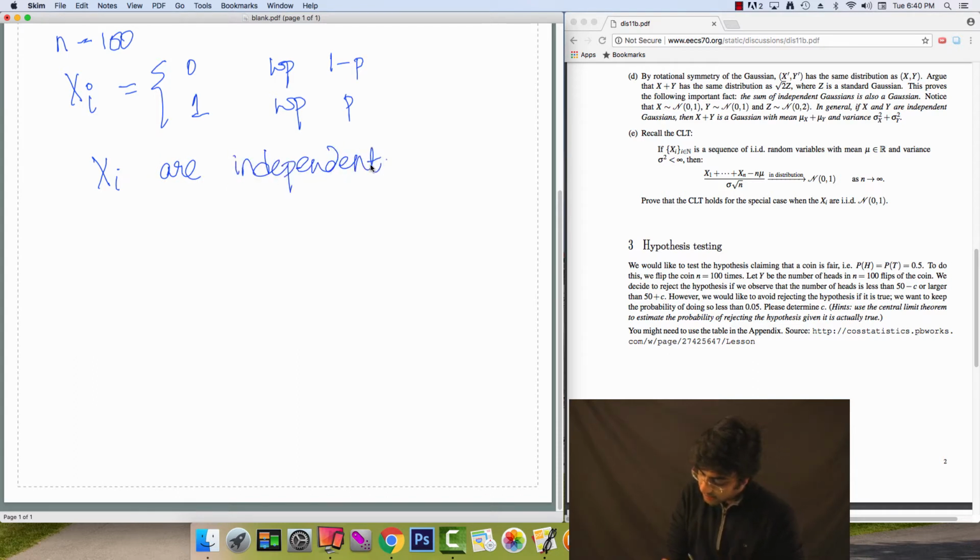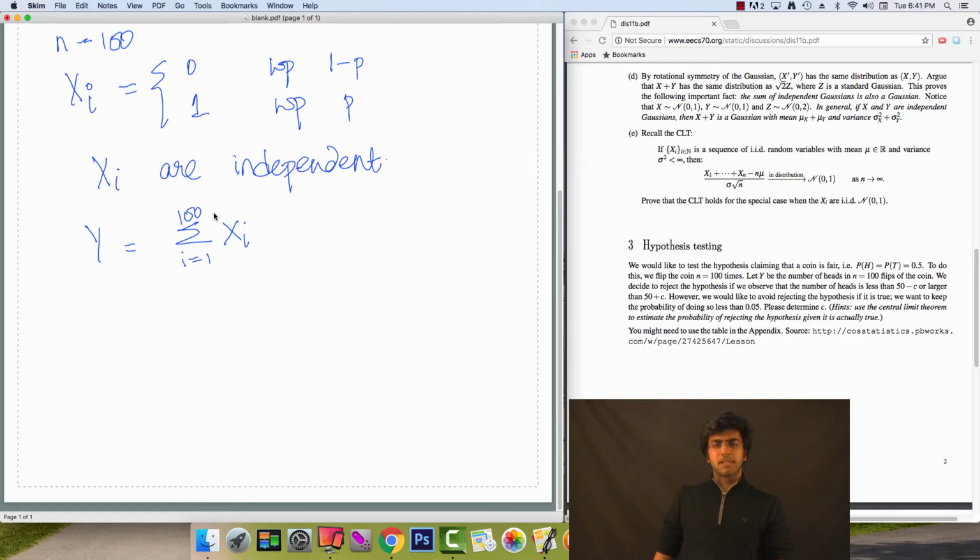And what we observe is the sum of the number of heads, which by our old trick of writing this as a sum of indicator random variables, is this. And based on what Y is, we want to comment on whether the coin was fair or not.